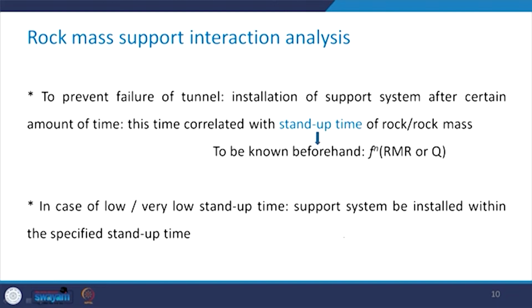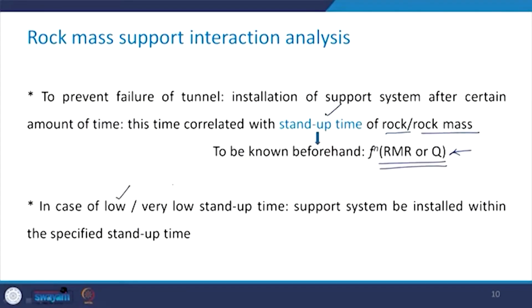This time is correlated with stand up time of rock or rock masses, which is to be known beforehand because it is a function of RMR and Q. And if you recall our discussion when we were discussing about this systems RMR or Q, we saw that based upon the value of RMR or Q, we can determine the range of these stand up time.